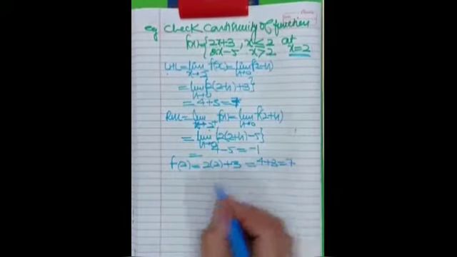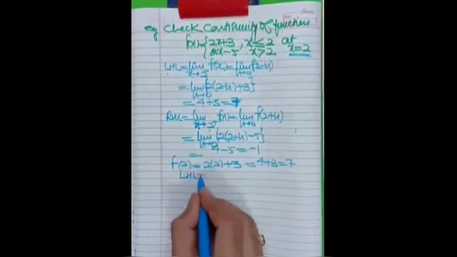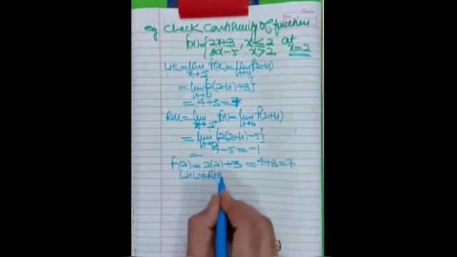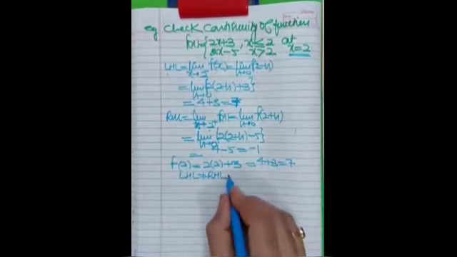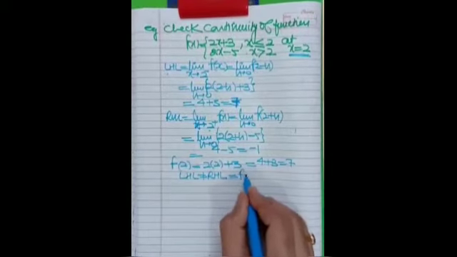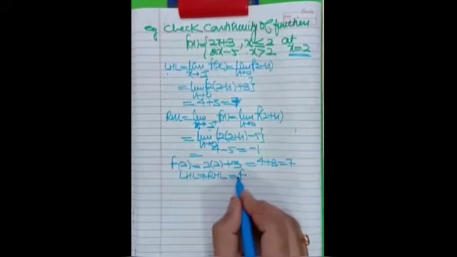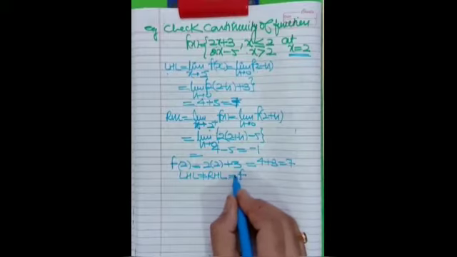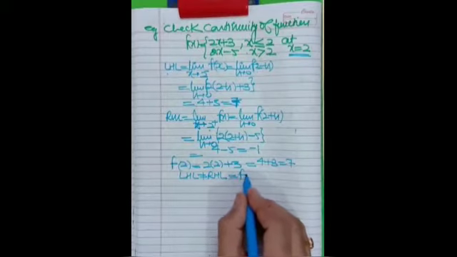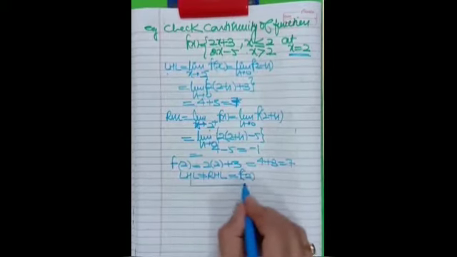7. You can see that LHL is not equal to RHL, but LHL is equal to value. LHL is not equal to RHL and equal to value. LHL and value both are equal, but RHL is not equal.